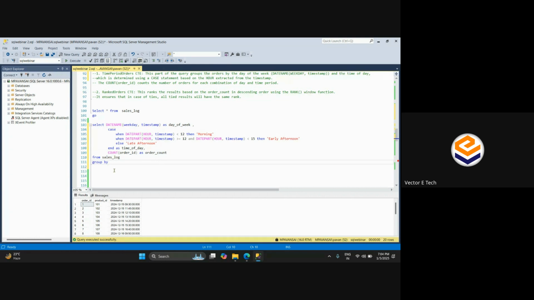What do we need to group by? Anyone? What are the columns that we need to use in group by? The same columns we have used in the select statement. Which ones?